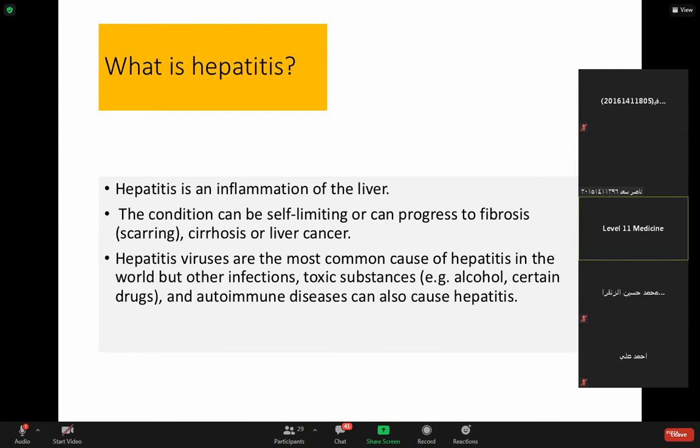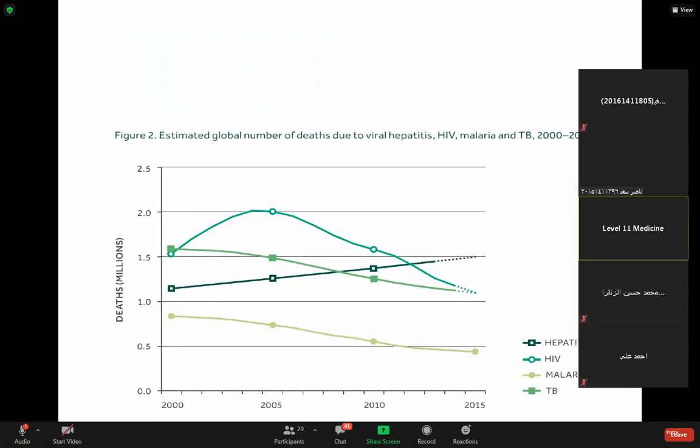Okay, hepatitis viruses are the most common causes of hepatitis in the world, but other infection, toxin like alcohol, drugs, autoimmune disease also can cause hepatitis. So it's a long list of causes for hepatitis, but globally speaking, viral hepatitis are the common one.